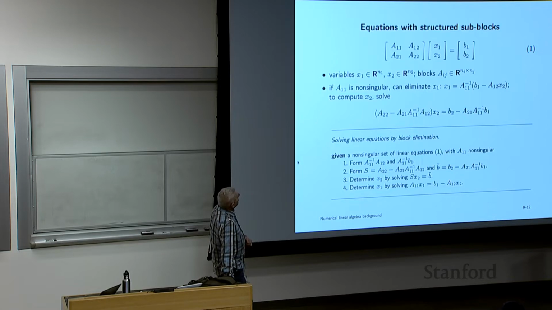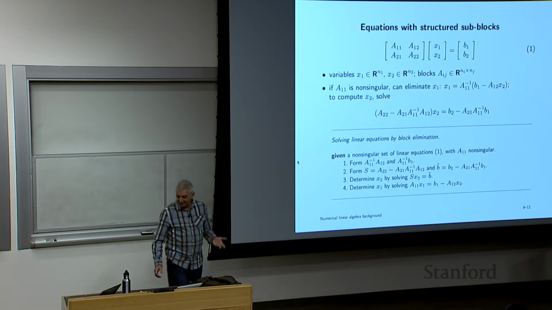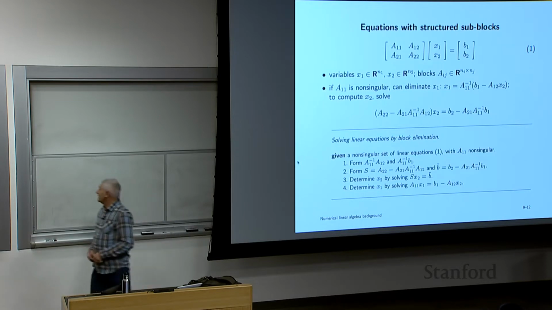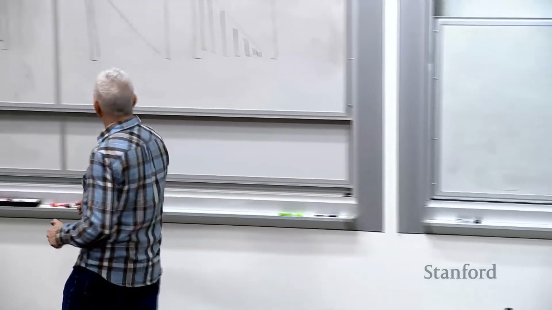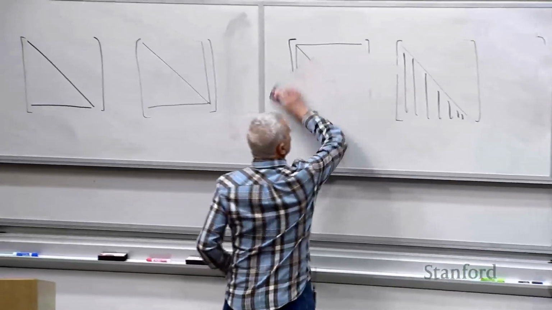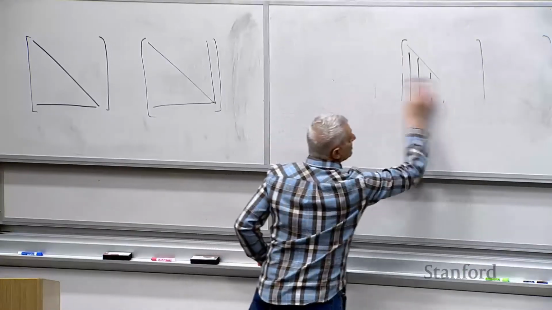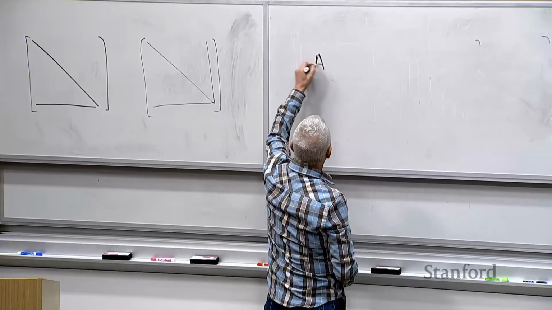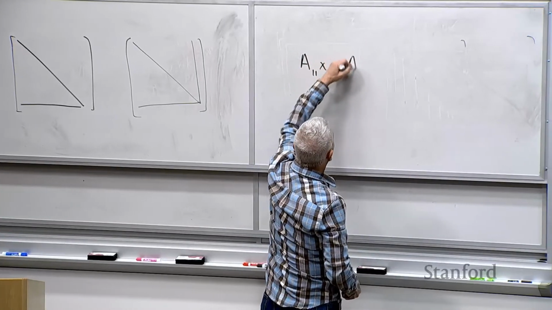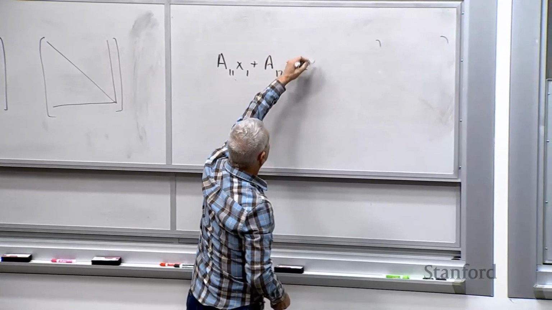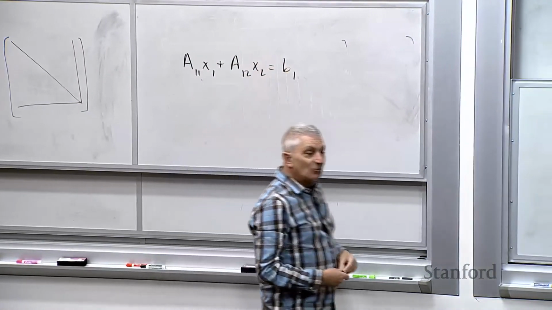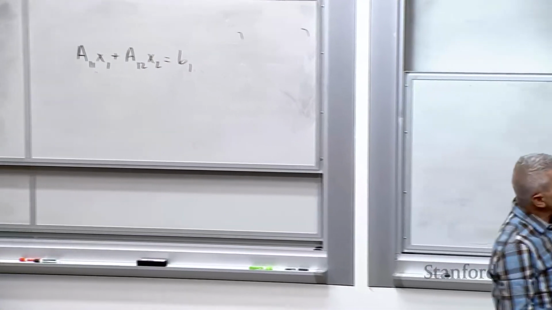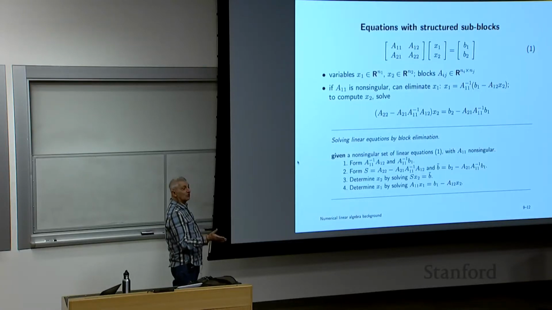What happens now is you do kind of what you learned in maybe high school, except those were numbers and not matrices. We can actually just solve this in a weird way. The first block equation is A11 x1 plus A12 x2 equals b1, right? We're going to make an assumption here that A11 is invertible.